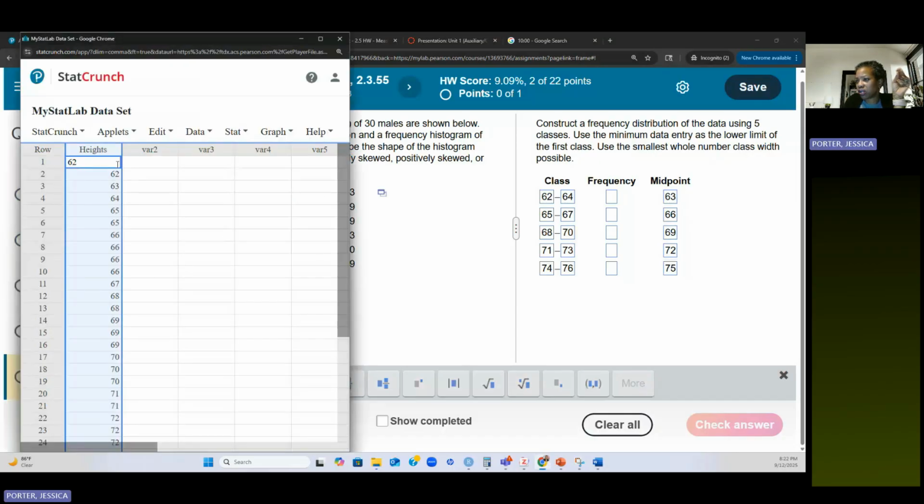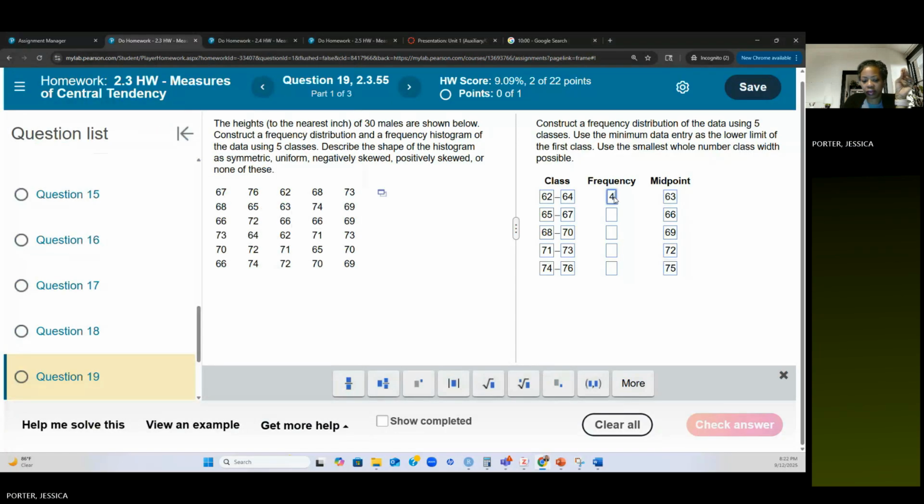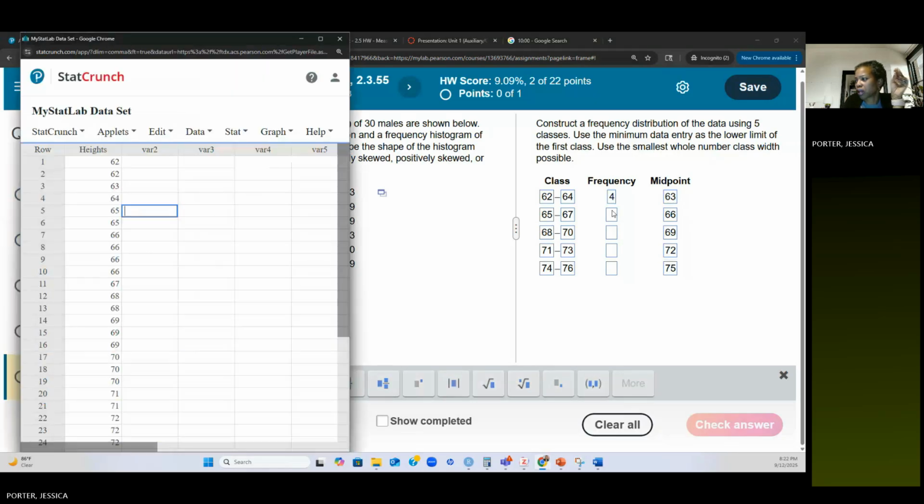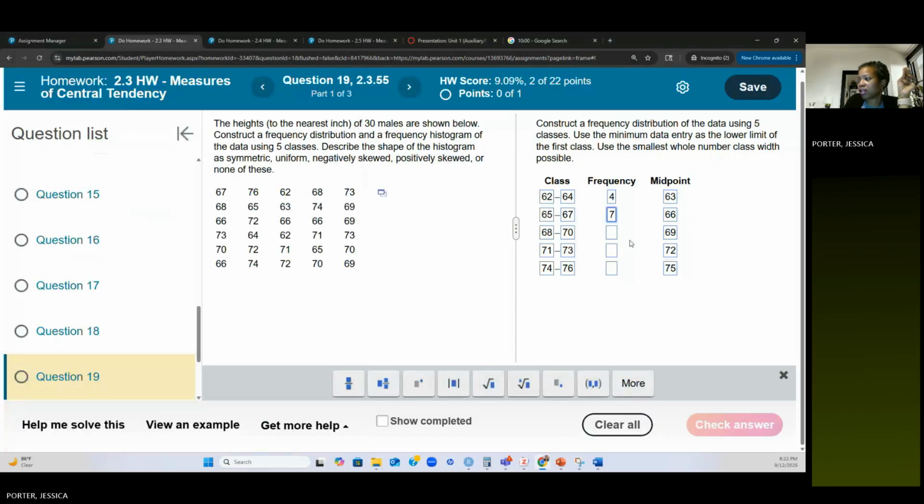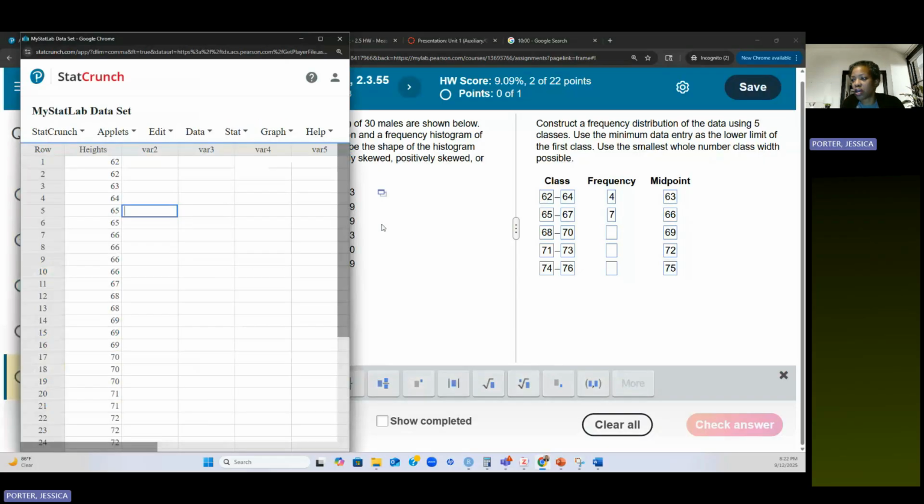The frequency of 62 to 64 is 4. The frequency of 65 to 67, 1, 2, 3, 4, 5, 6, 7, is 7. And then I'm just counting them up. 68 to 70, we got 1, 2, 3, 4, 5, 6, 7, 8.